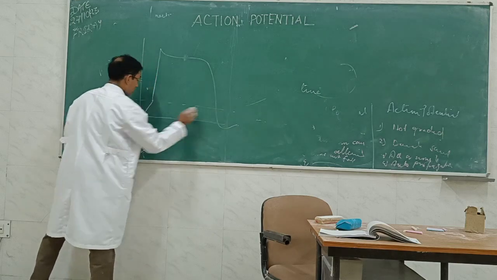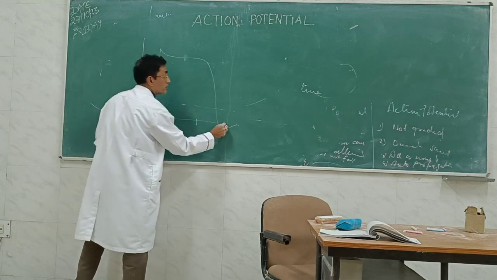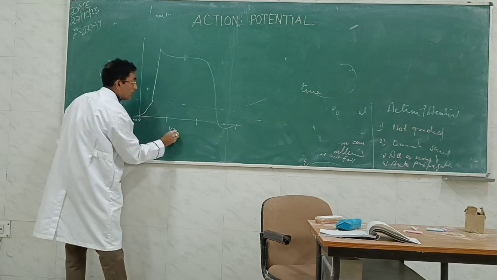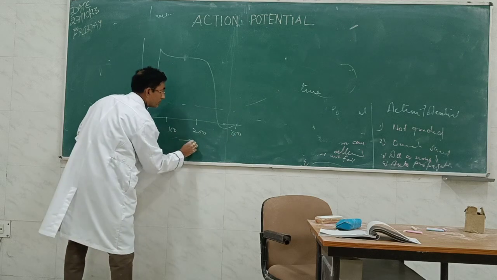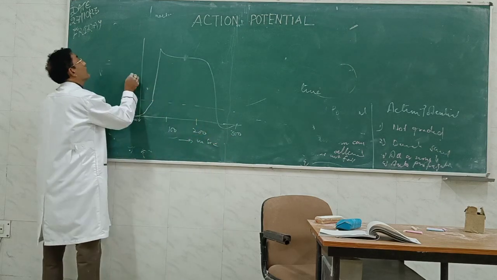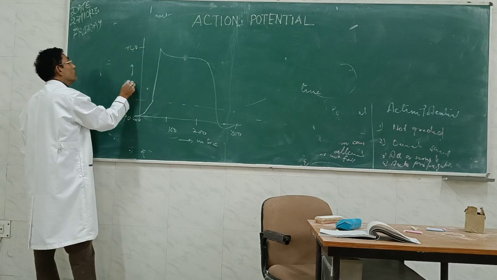Here it is minus 90 millivolt, and the duration becomes 100, 200 and 300, that is milliseconds, and on this side this is plus 40 millivolt.